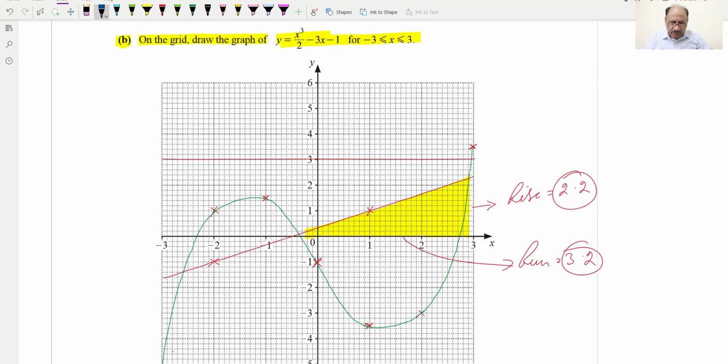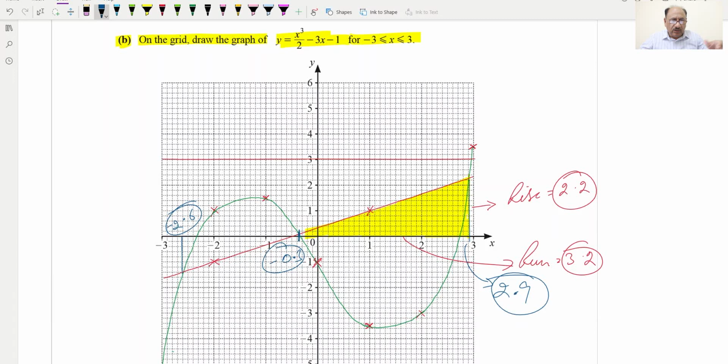This point will be -2.6, and the next point we can take as about -0.3. And the next point we can take from this reference, this point is 2.9.